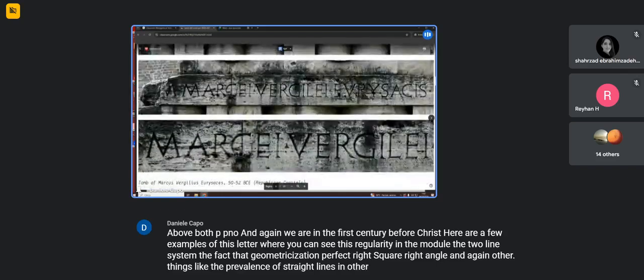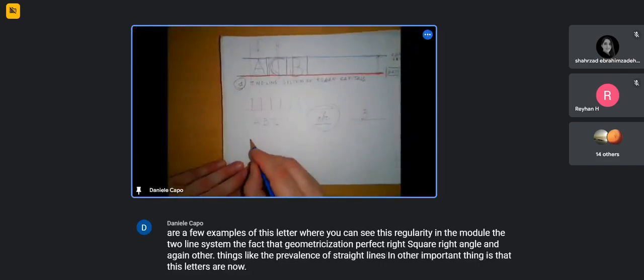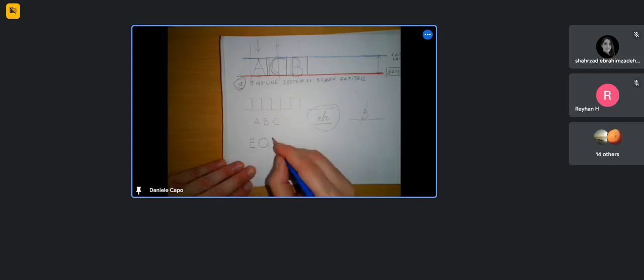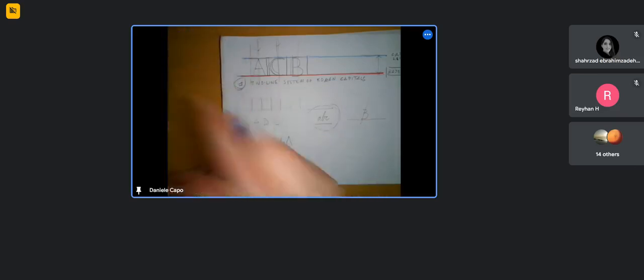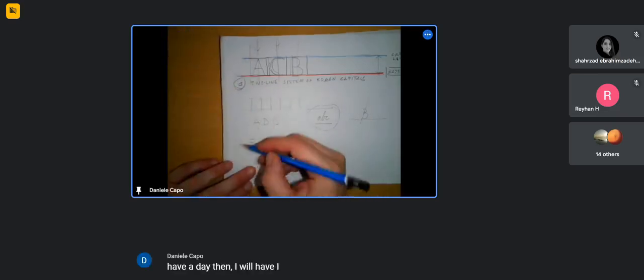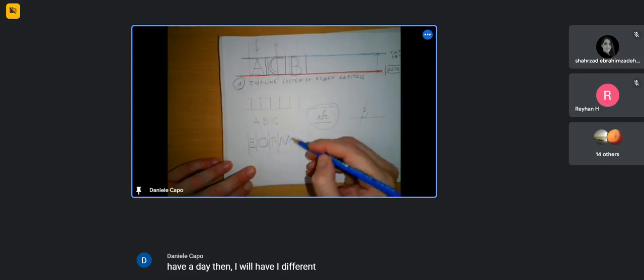Another important thing is that these letters now have different width.